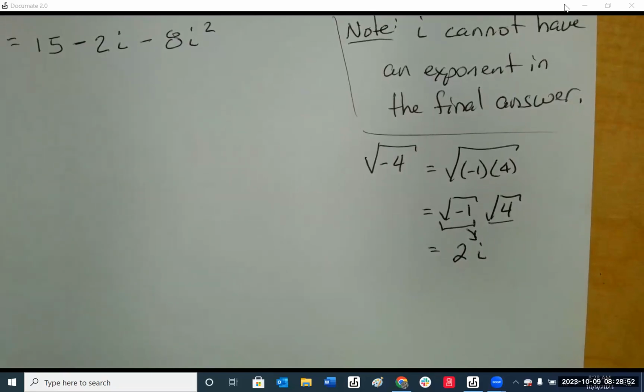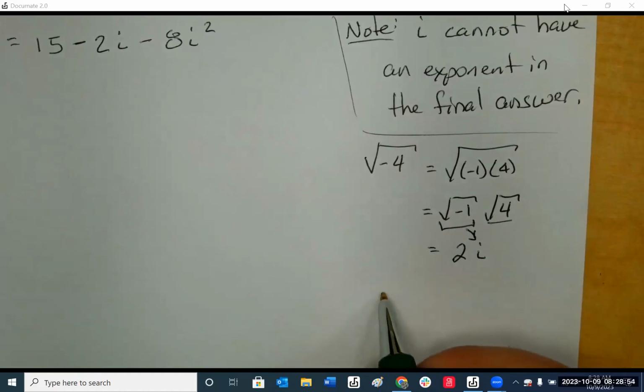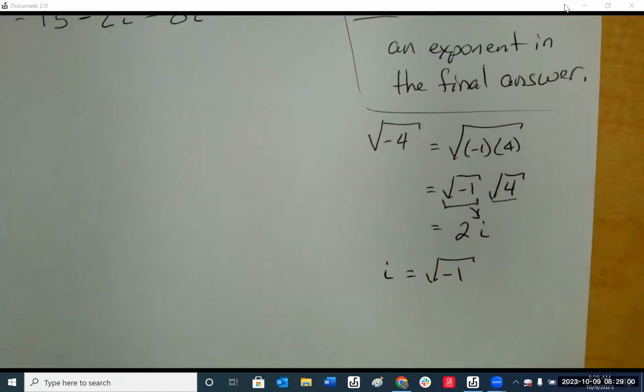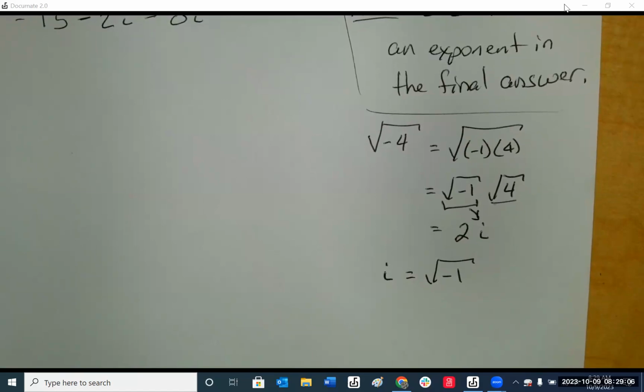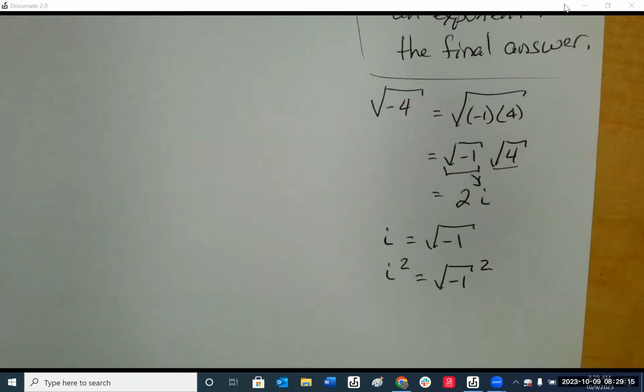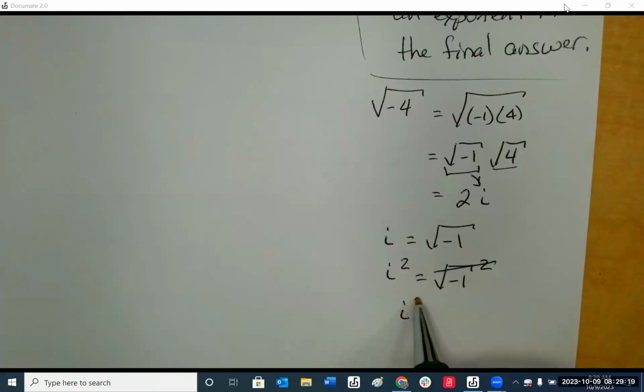On the first page. So what this is telling us is i is the same thing as the square root of negative 1. So if I square i, I have to square the other side. The square root and the square cancel. So i squared is equal to negative 1.